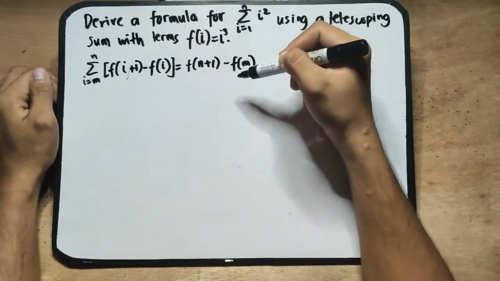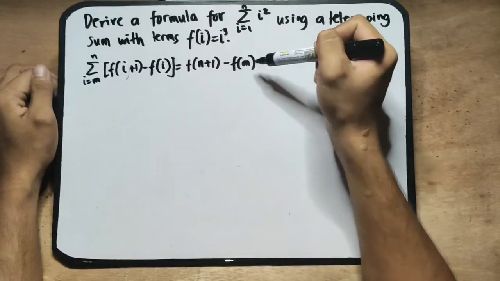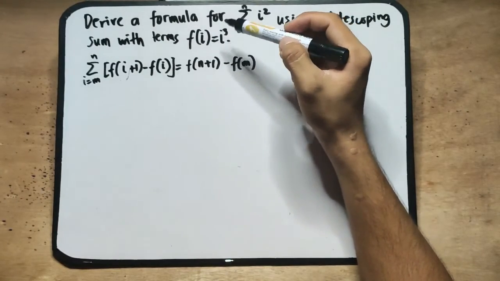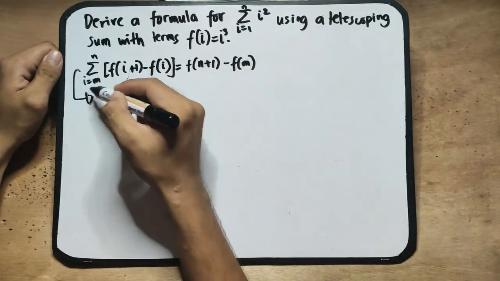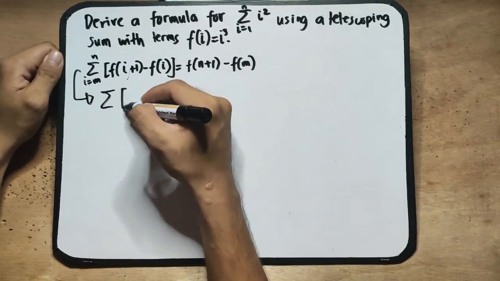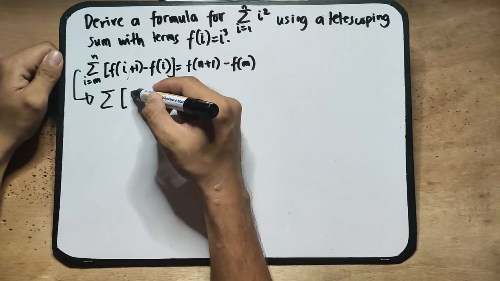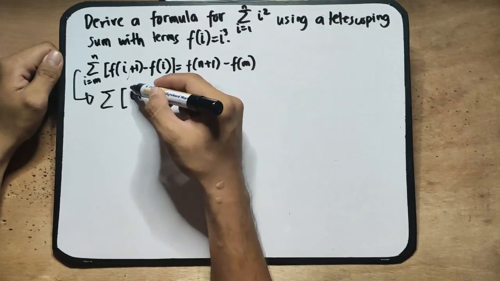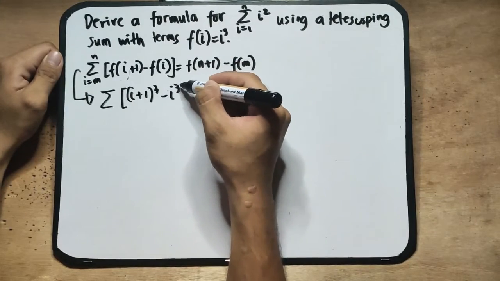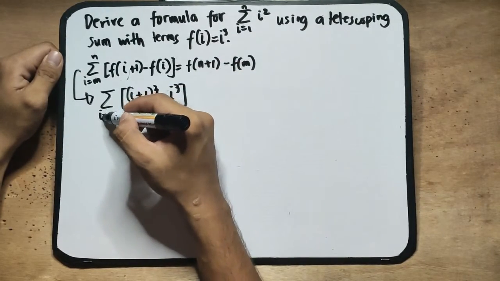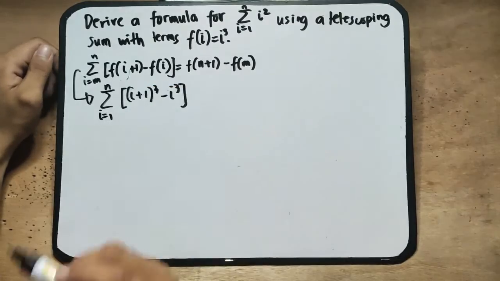So this is our telescoping sum property. So kung gagamitin natin siya sa part na to, this will become the summation of (i plus 1) cubed minus i cubed from 1 to n.